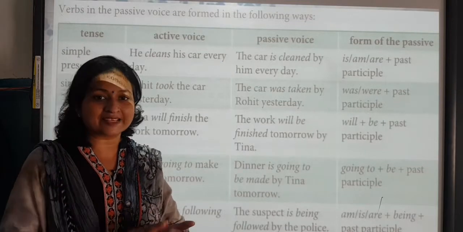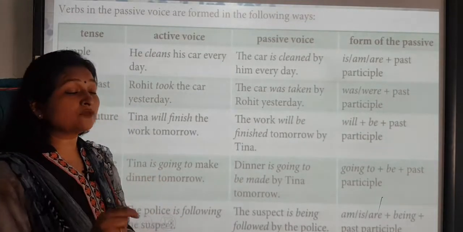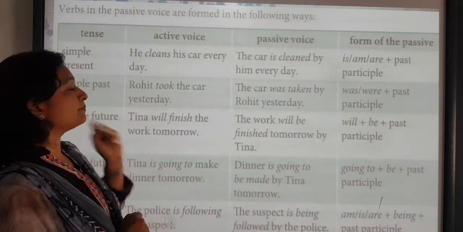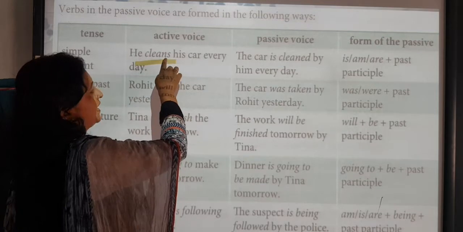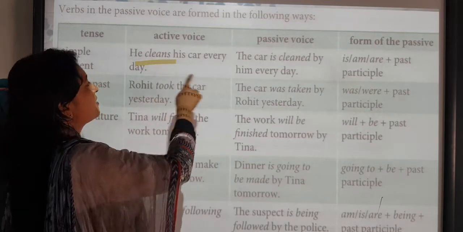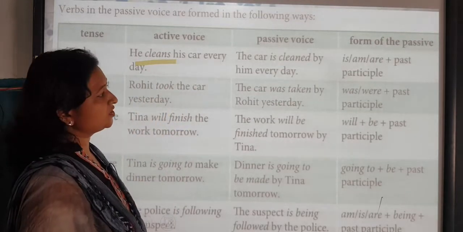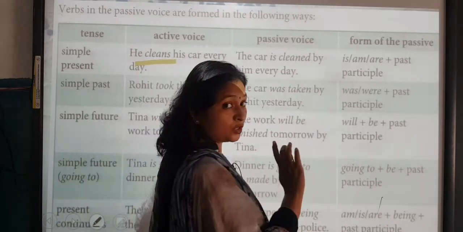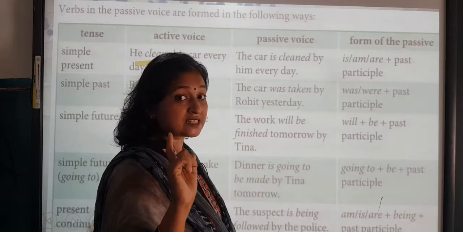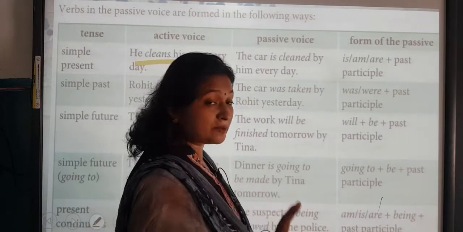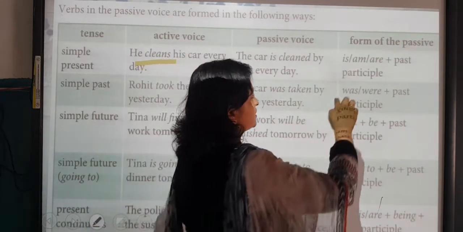That's what I said, S and no S. So if the sentence is in active simple present tense, for example, he cleans. Did you get it? He cleans his car every day. So in that case, what will the rule be? Whenever we have S or no S, we can understand that this is simple present tense. So to change simple present tense into passive, what is the rule?